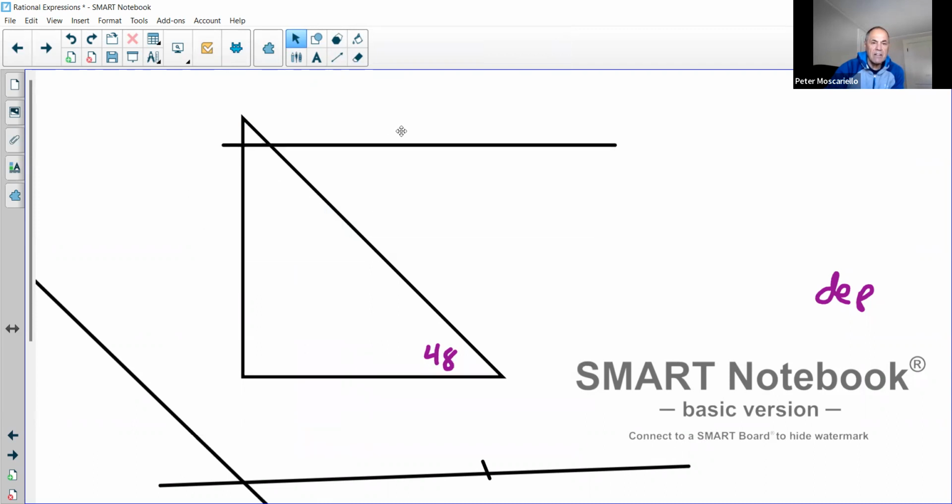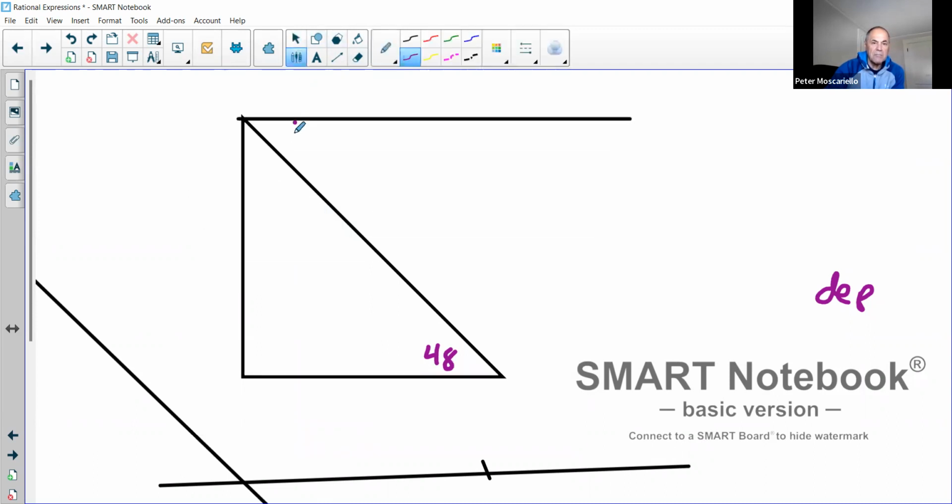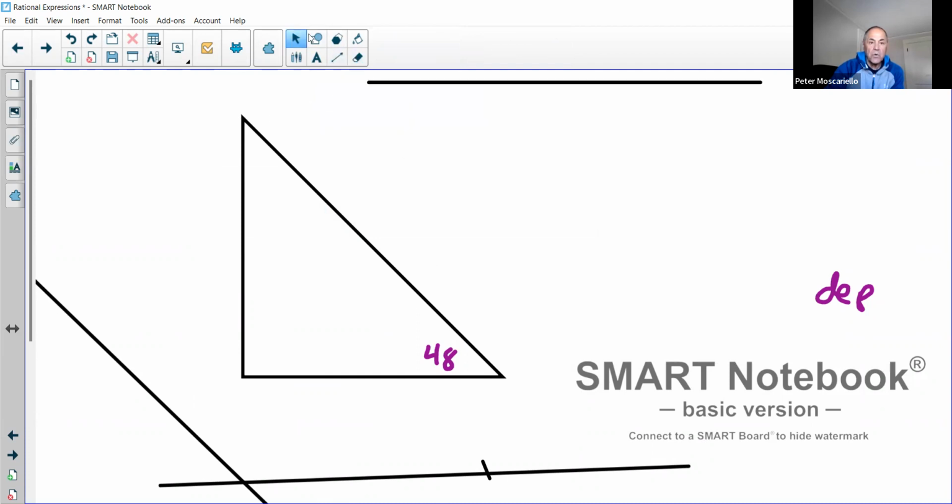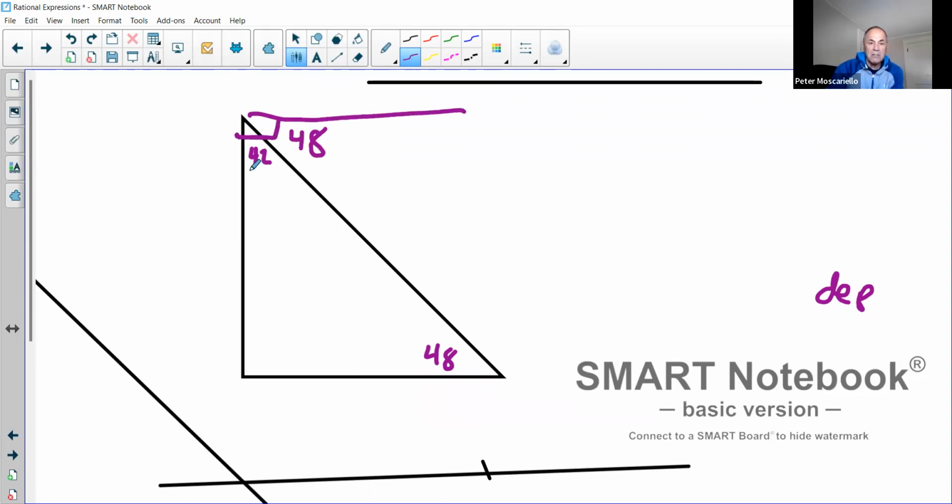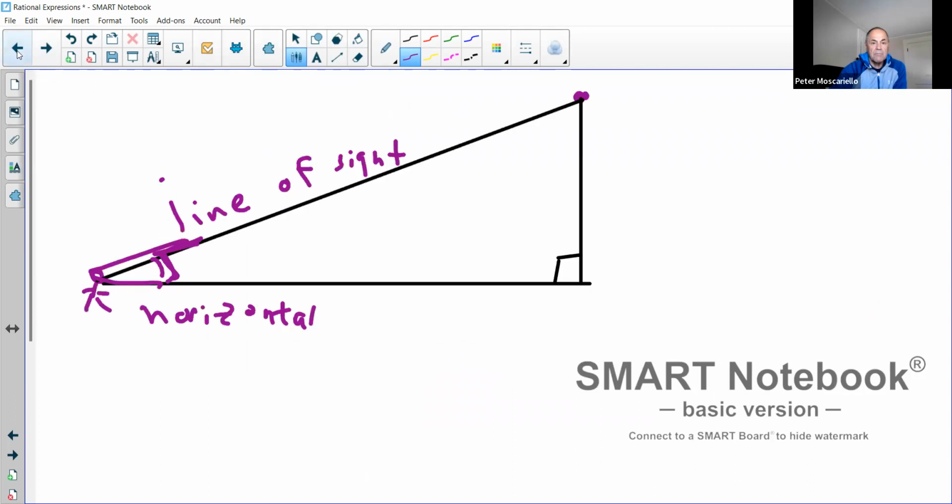That's also going to be 48. Or you can use your geometry and say, okay, I know in this right triangle, if this is 48, this must be what? 42, because they add up to 90. If that's 42, then that's going to be 48 to make a right angle there. Make sense? So let's go back to the problem.